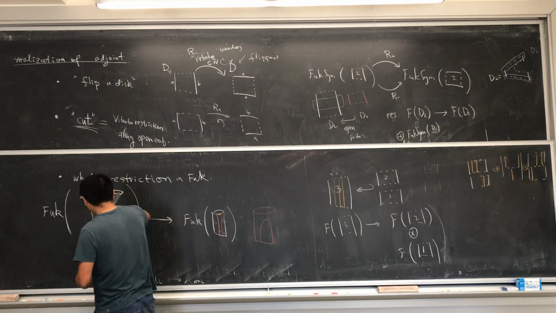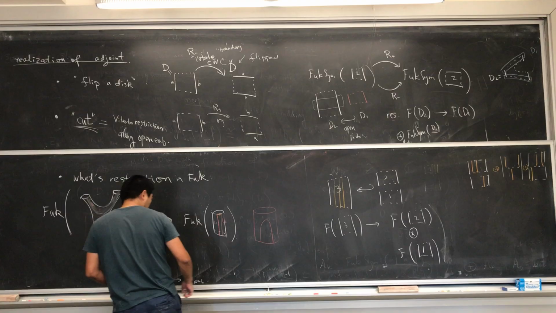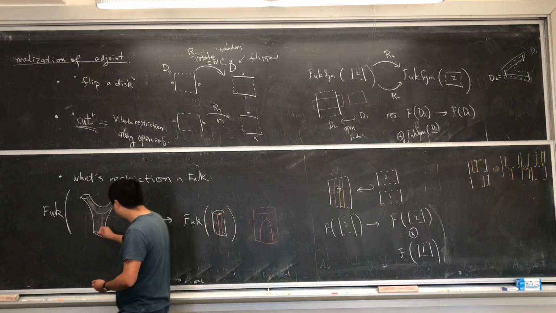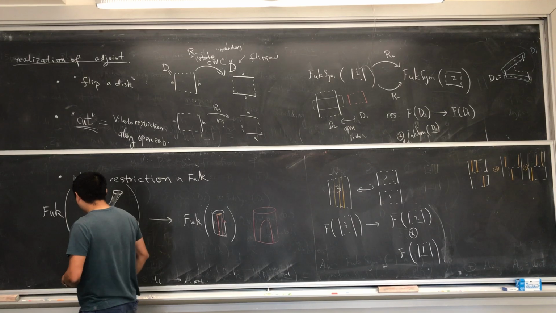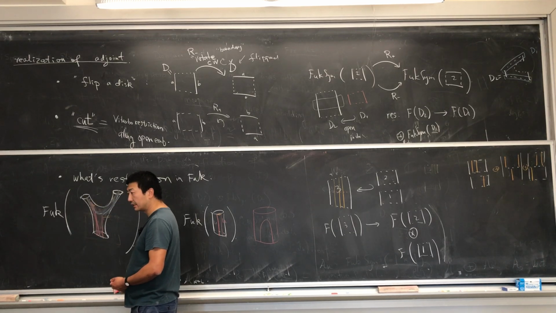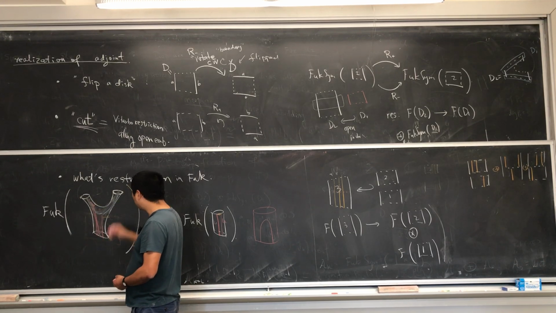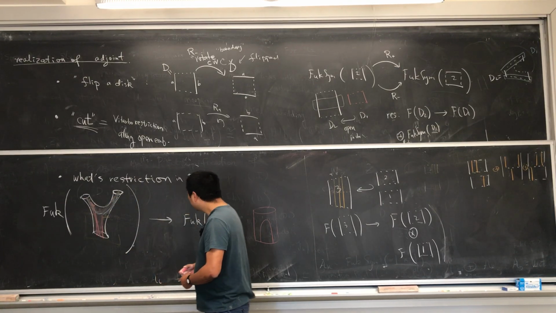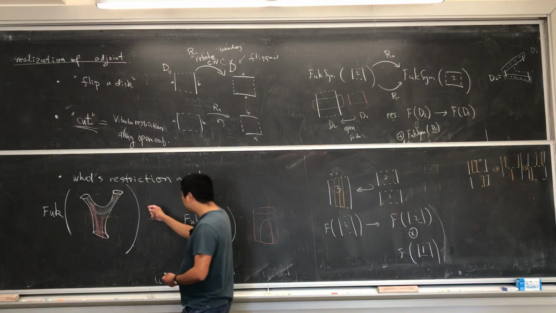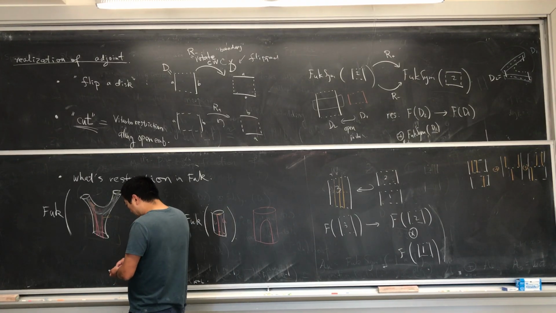You mean suppose you have the red guy that goes up and goes around and comes down. Exactly. Or a red guy that goes to the other hole. To infinity. Yeah. So under restriction you may lose information.